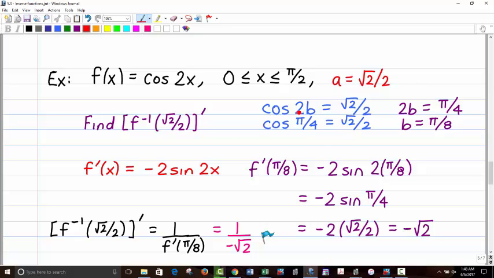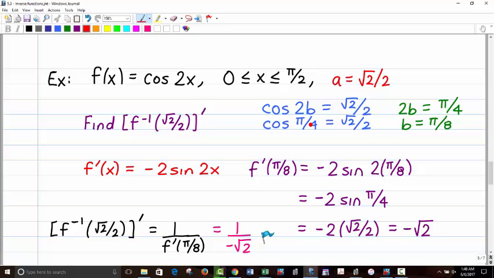But since we have a 2 right here, that doesn't mean our b is going to be pi over 4. It means 2 times b would be pi over 4. Therefore, b would have to be pi over 8. See, if b is pi over 8, then 2 times pi over 8 makes that pi over 4. So now we know our value b is pi over 8.